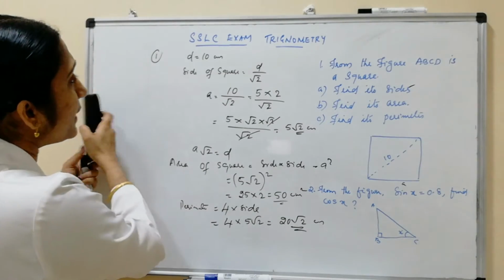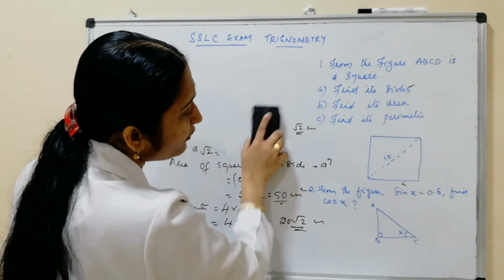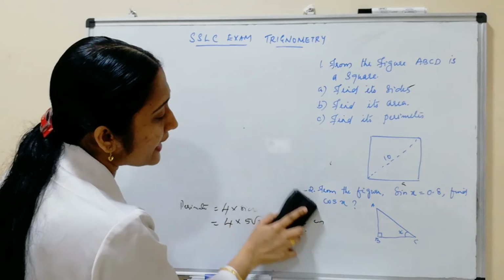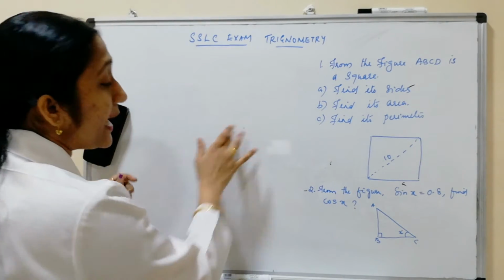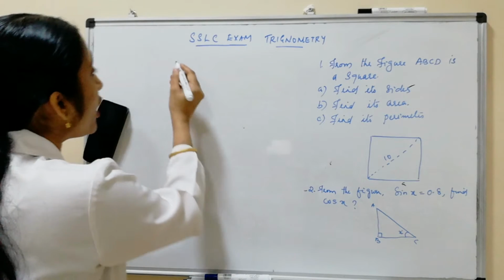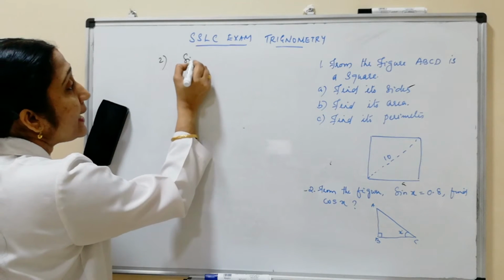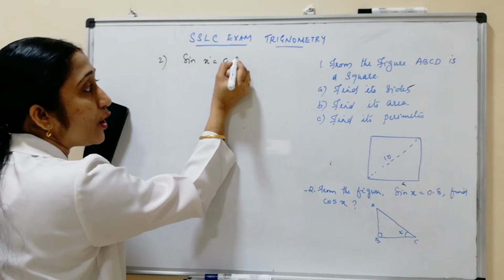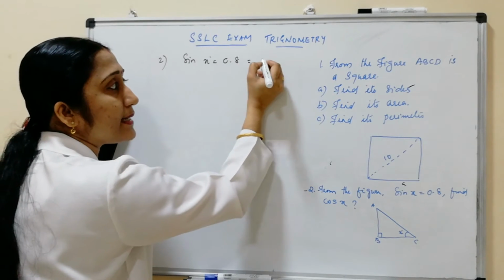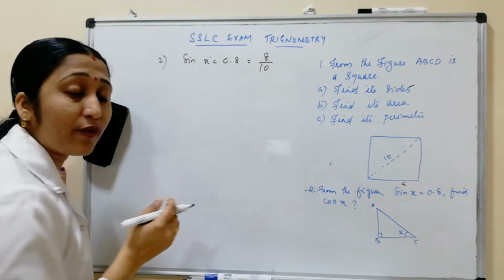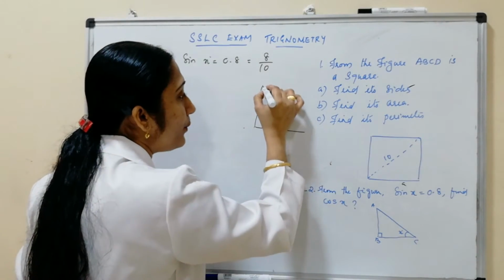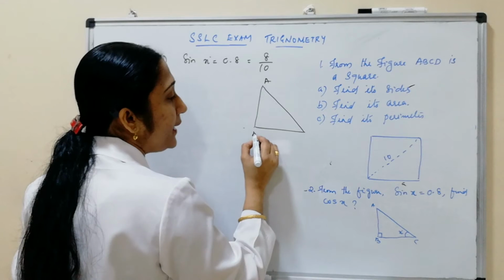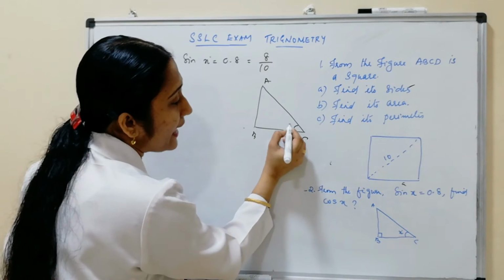In the second problem, the figure is given and sin x is given as 0.8. Sin x degree is equal to 0.8, which we can write as 8 by 10 in fraction. From the figure, the triangle is A, B, C, and this is the x.